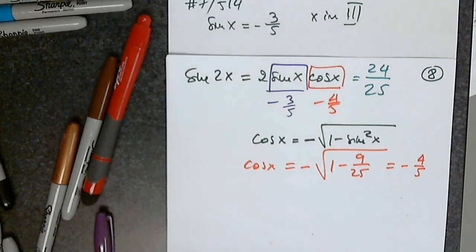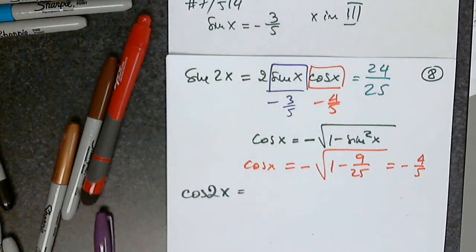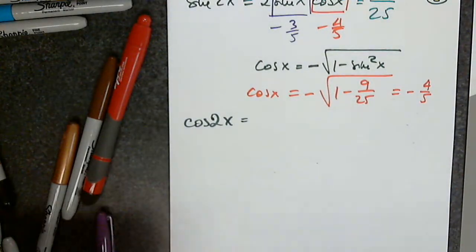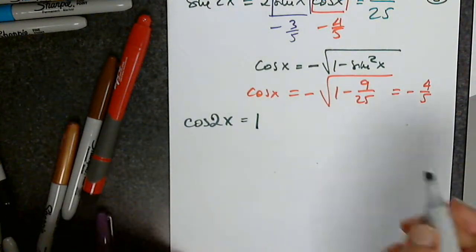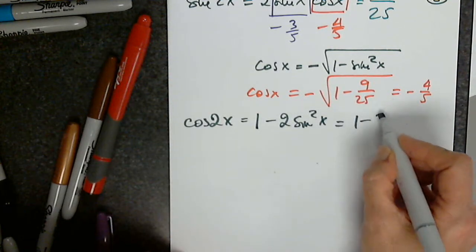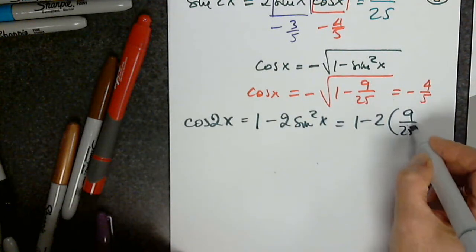Now I'm also asked to determine cosine twice x. Because I'm given sine, I'm not going to bother with cosine. I have a formula that says 1 minus 2 sine squared. That's why those two are so useful, the second and the third. 1 minus 2 sine squared x, which is 1 minus 2 times, I square sine, and I get 9 over 25.